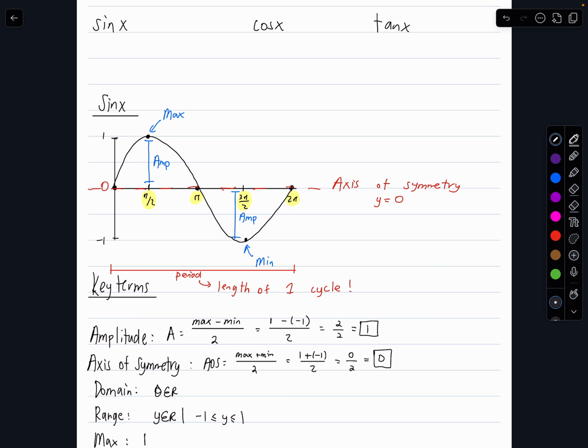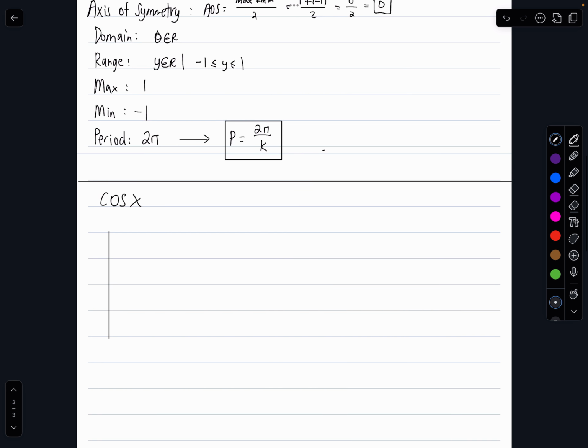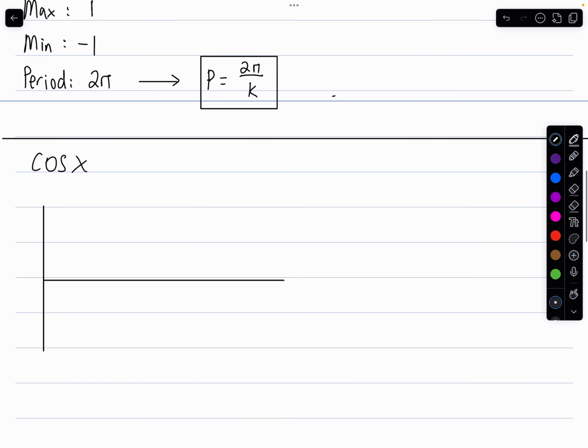Now let's do the same thing, but for the cos x graph. So what does cos x look like? Cos x is very similar to sine x. These 5 points still remain the same. This is 1, this is -1, but instead we start up here.